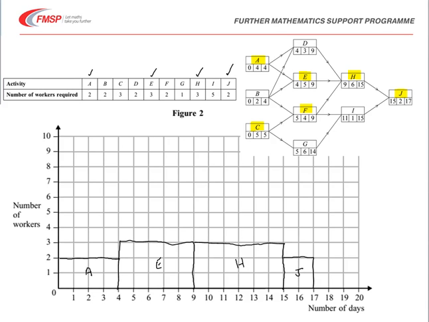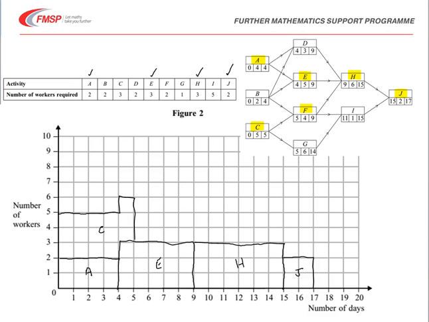The other critical path then, C and F. So starting with C, that's 5 days and requires 3 workers. So adding that on the top, we'll initially go from the number of workers required 5, but this takes 5 days, so it then will step up on the 5th day in that fashion.